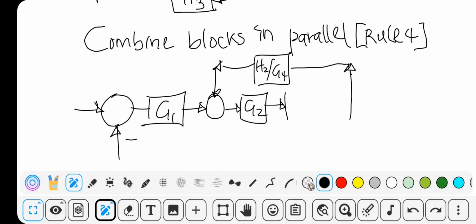So now using rule 4, from here this is what you have: G3 G4 divided by 1 minus H1 G3 G4.